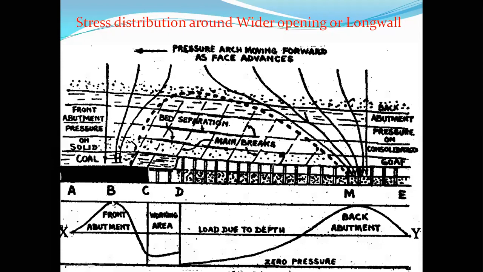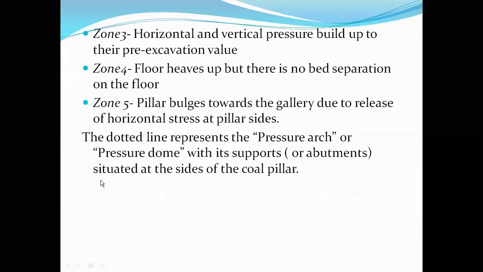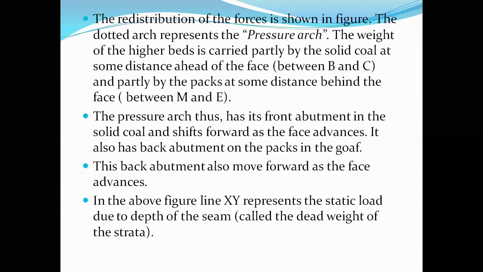As the face advances, the front abutment portion keeps moving and changing with the progress of the face. The distance between the front and back abutment increases, so the back abutment also moves forward as the face advances.